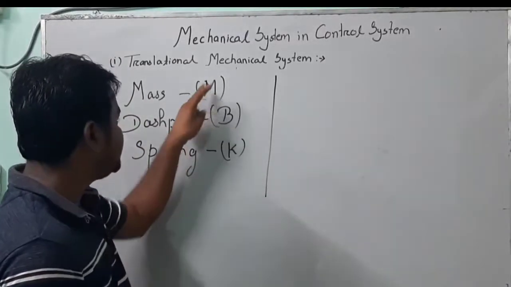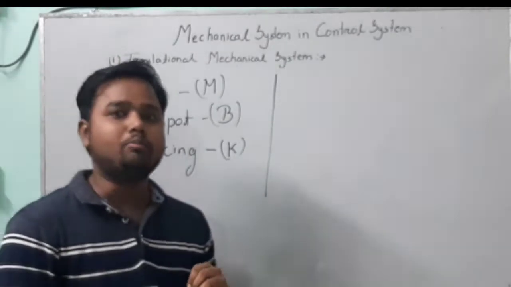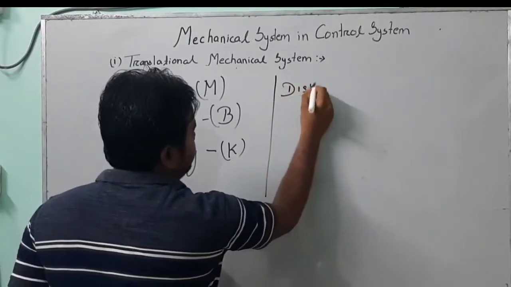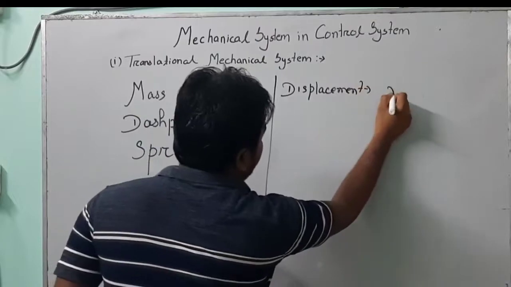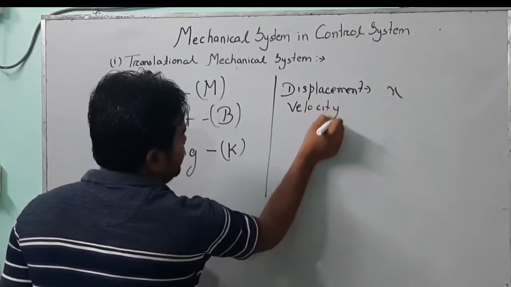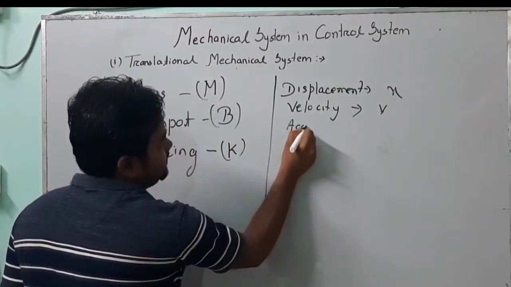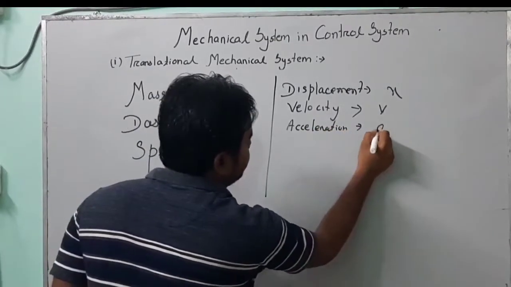Before going to the three parts, we will study three basic terms of motion. First is displacement, which is denoted by x. Then velocity, denoted by v, and acceleration, denoted by a.